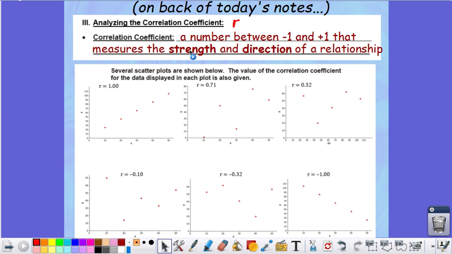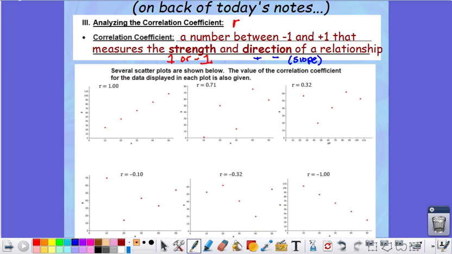The strength is stronger if we're closer to 1 or -1. Those would be considered strong. We'll see some examples below. Now, direction is referring to whether it's a positive or a negative relationship, or a positive or negative slope.